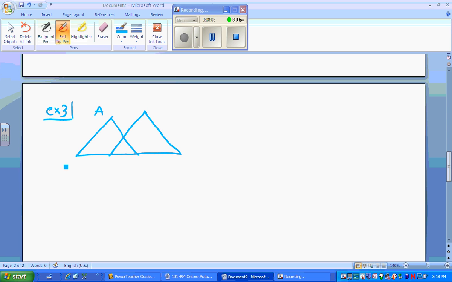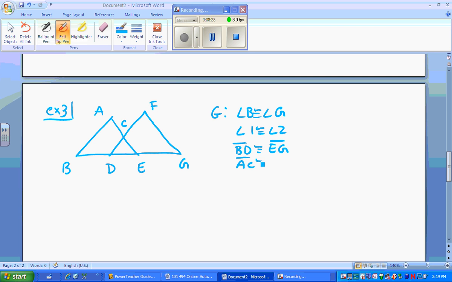We have A here, B, C, D, E, F, and G. Our given information is that angle B is congruent to angle G. Angle 1 is congruent to angle 2. BD is congruent to EG. And AC is congruent to CF.